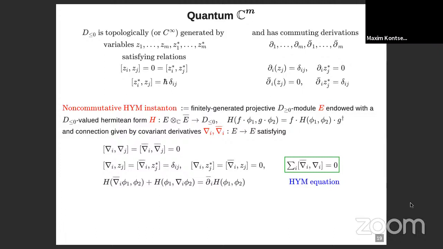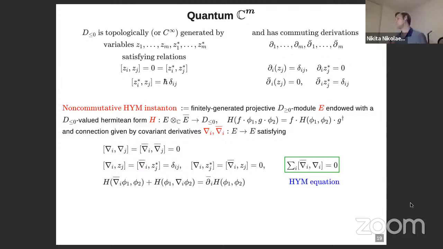So consider a free finitely generated module over the quantized algebra of C infinity functions, and then derivations. This shift you lift to some derivations of your module. It will be for them a connection, and they write an action, imitating the usual Yang-Mills action. Actually, it again was coming from string theory for open strings, I suppose.